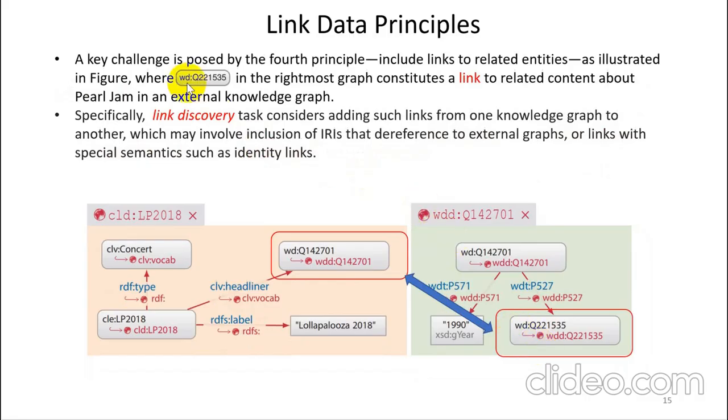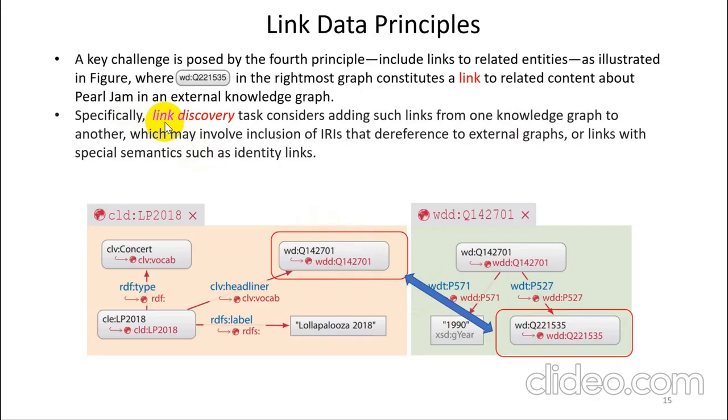A key challenge is posed by the fourth principle. The fourth principle in the linked data principles is to include links to the related entities. For example, here we have two entities related to each other, so how do we deal with this challenge?